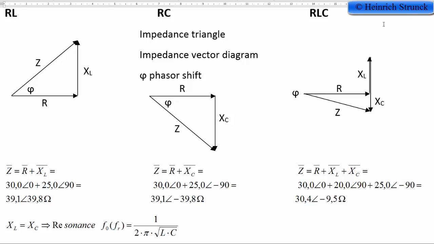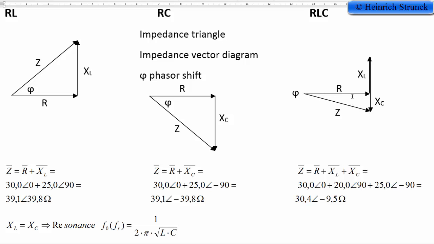Finally, we can also connect resistance, inductor and capacitor in serial, and we have the resistance and, for example, a reactance for the inductor up here, and then add a reactance for the capacitor down here. In this situation, the reactance for the capacitor is longer than the reactance for the inductor, and totally we have the impedance down here.